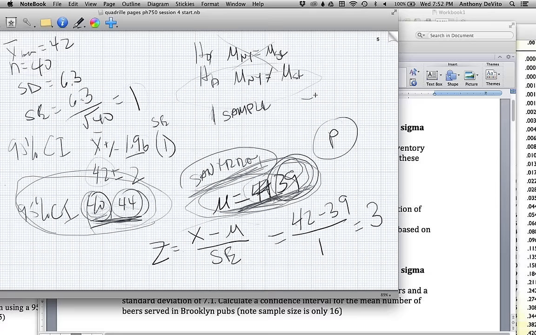So if I look at, since this is two-sided, I have to consider the probability that I could be 3 z-scores to the right and 3 z-scores to the left of the mean. So what is the area that leaves 3 z-scores? The area represents 3 areas to the left.